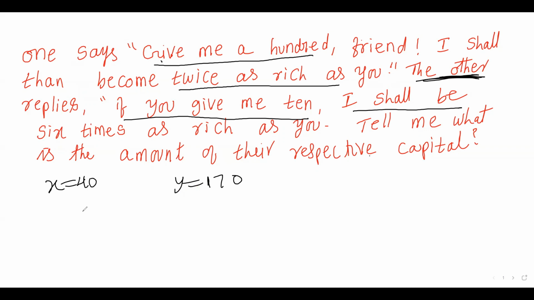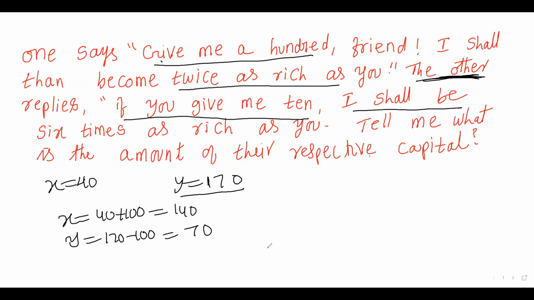If y gives 100, x will become 40 plus 100, how much? 140. And y will be having 170 minus 100, 70. So first person will be twice of second person. Condition verified.